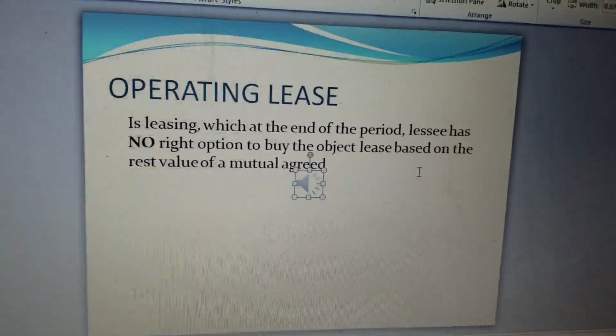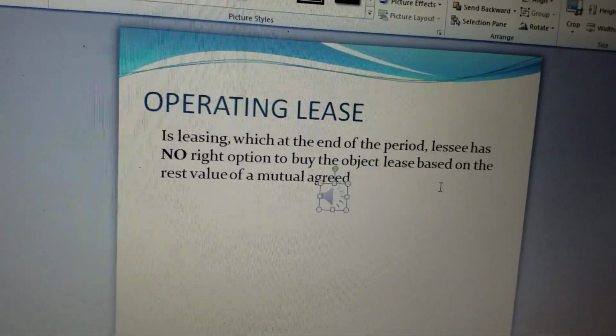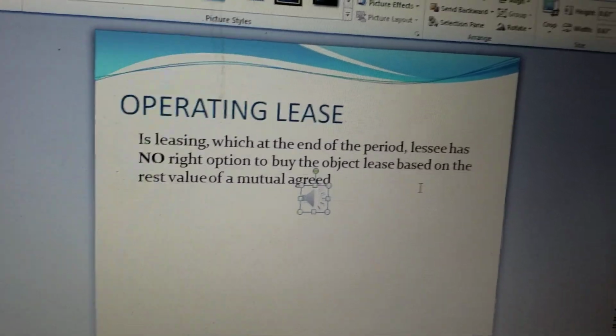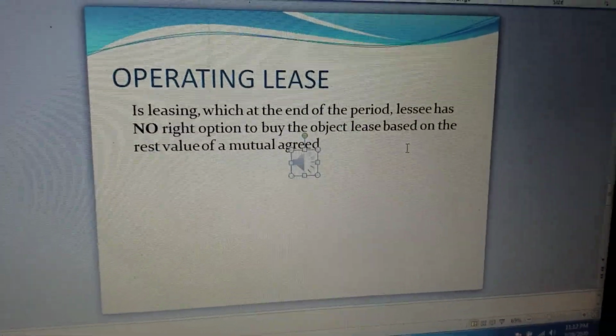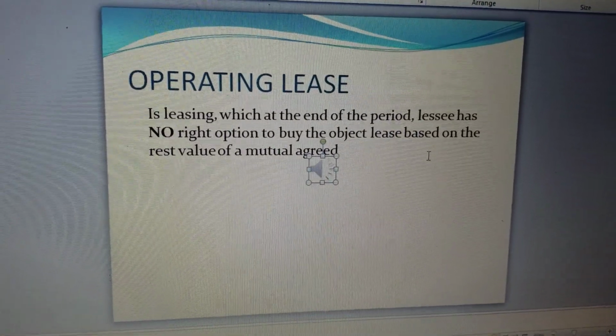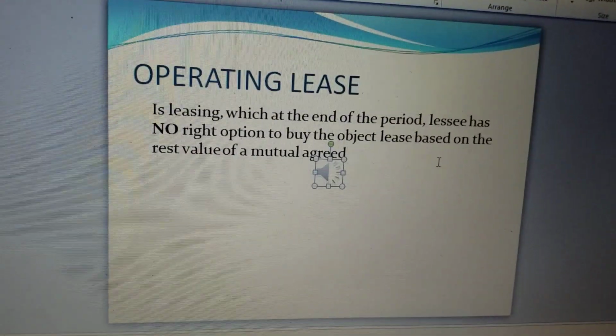After 5 years, the contract of the leasing is finished. So you as the lessee have to give the machine back to the lessor.